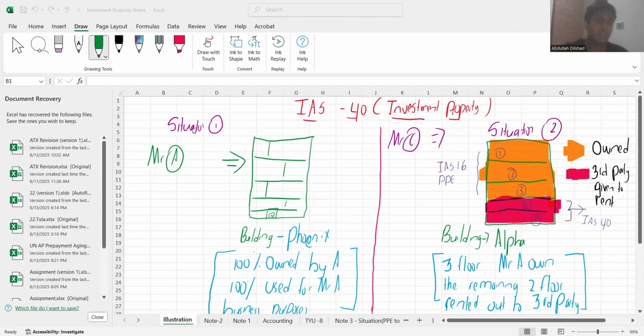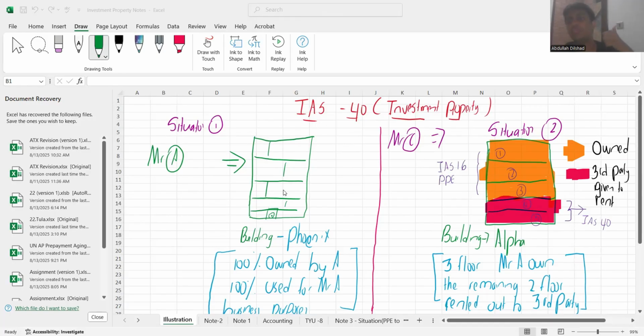In situation number one, this is a building. I have drawn it. The building's name is Phoenix, and it is owned by a person called Mr. A. Mr. A is using this entire building for his business purposes.